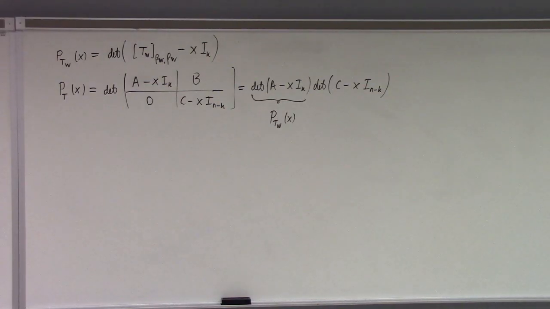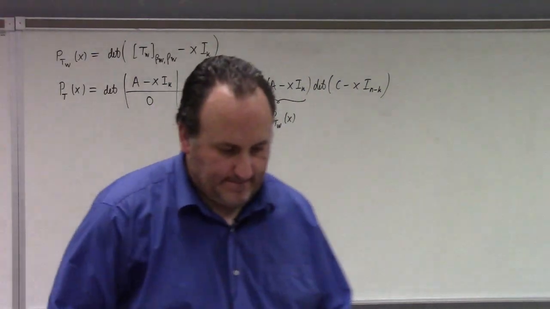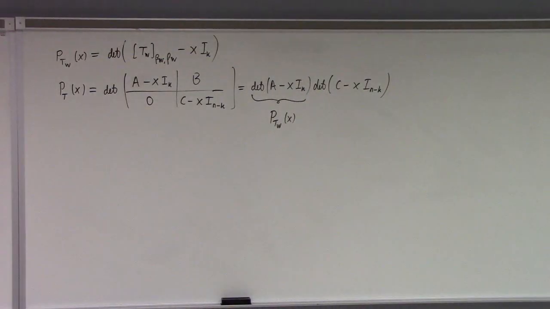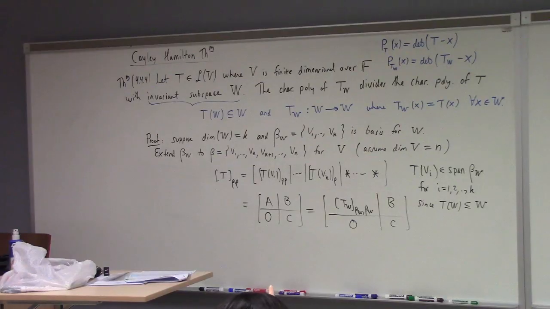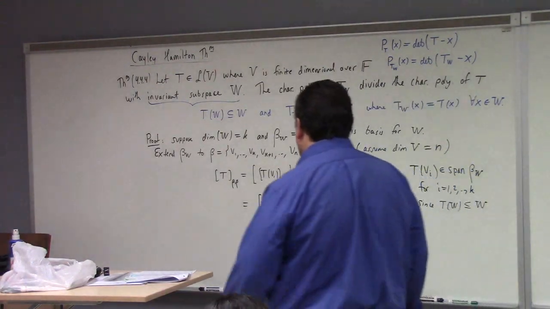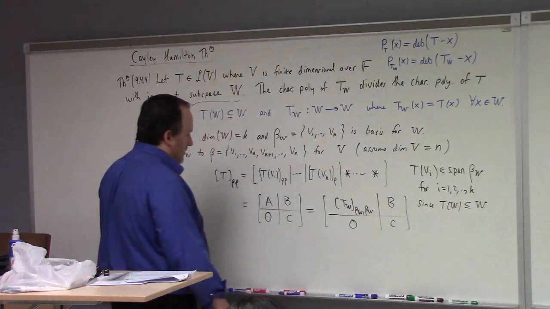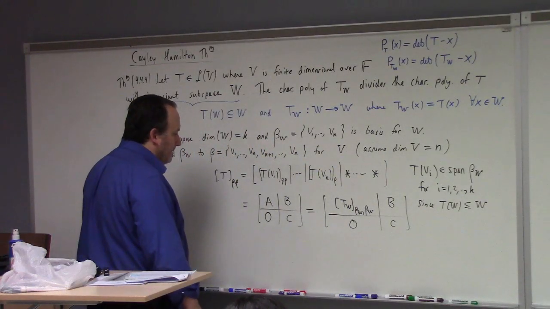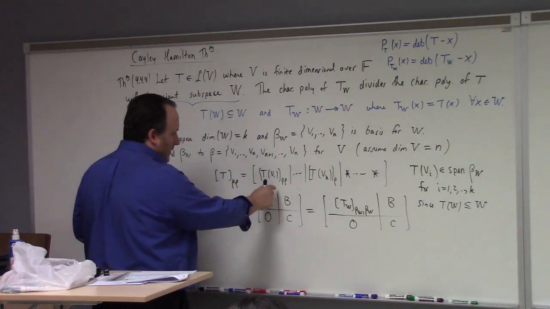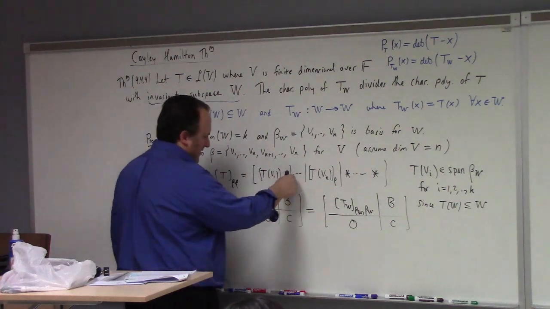Over here for the T being beta, and then on the inside, is it just supposed to be 1? For the T restricted to V1, is it just 1 beta in that part? Oh, thank you. Yes.